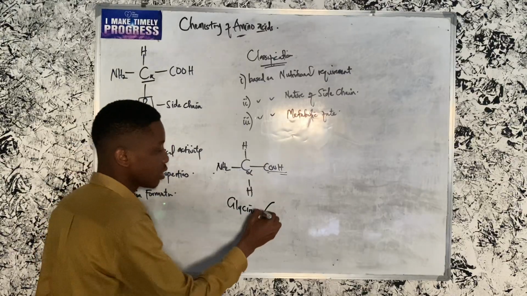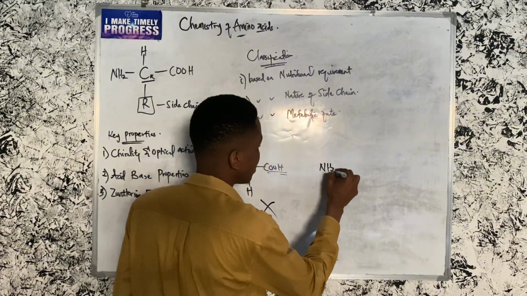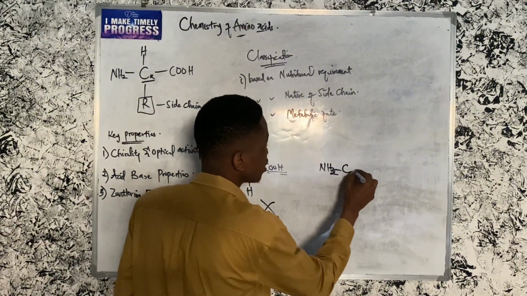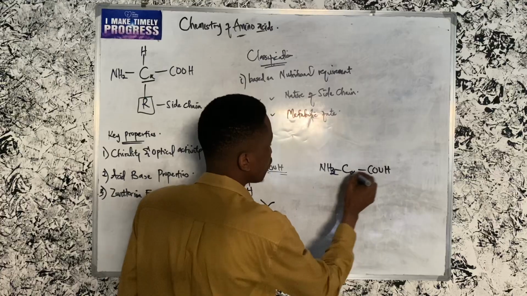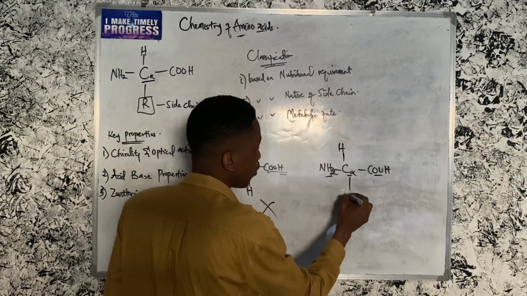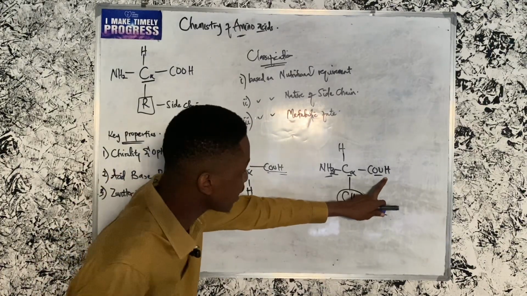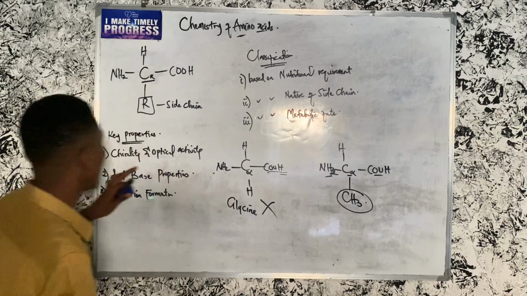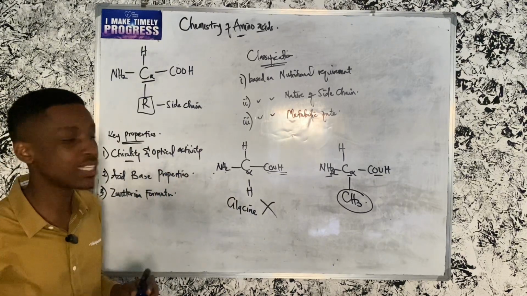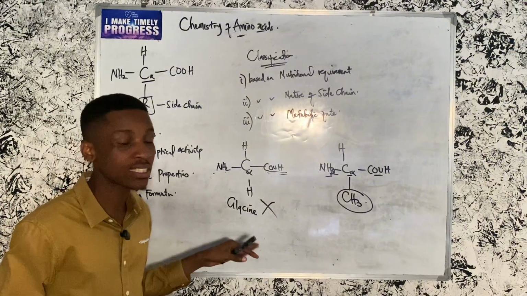It is not chiral. But if you look at something like alanine, this is alanine, NH2, central carbon. Of course, you should always have the central carbon, carboxylic acid, amino group, and H. But its side chain is CH3. So if you observe, this is a different group. That characteristic is called chirality, and it's something all amino acids portray except glycine.